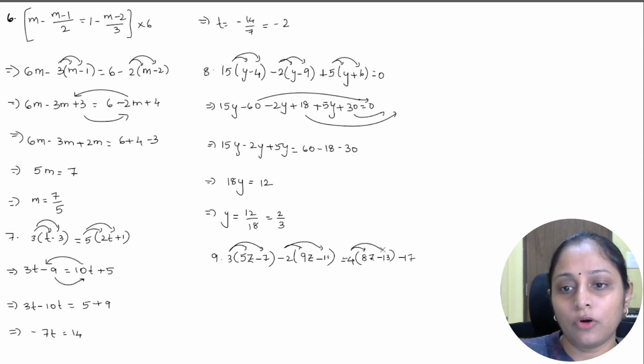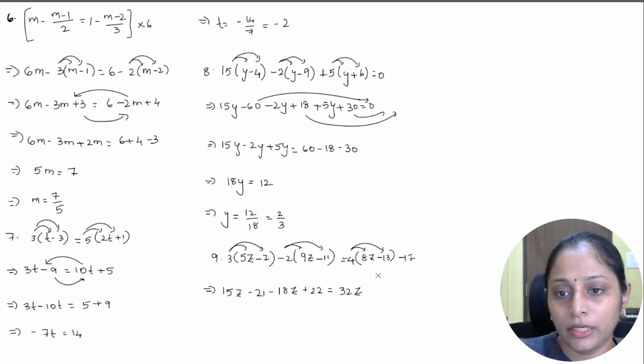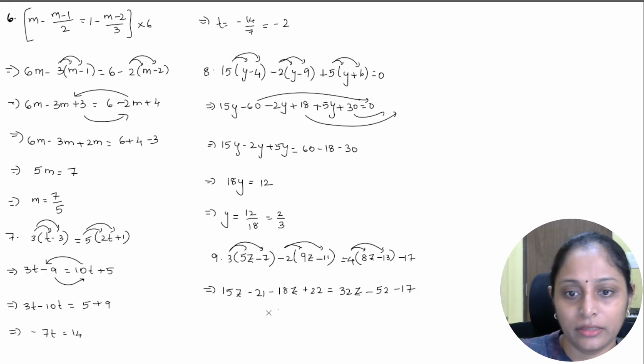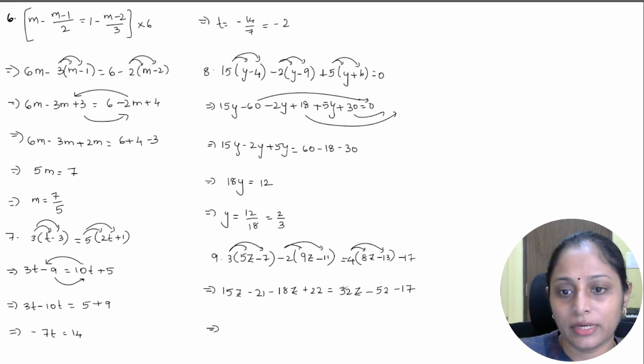So here I have got 3 5s 15, minus 18, minus into minus becomes plus. Okay, 32, 13 into 4 is 52, so here I have minus 52 minus 17. Okay, now I'll do the transposition. All constants to RHS, all variables to LHS.